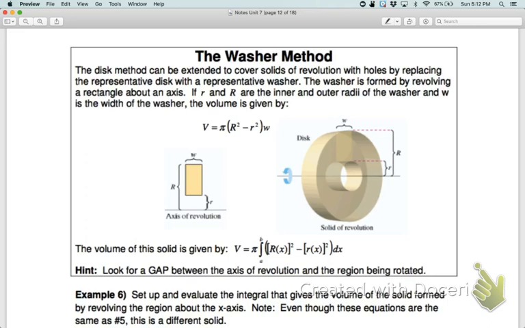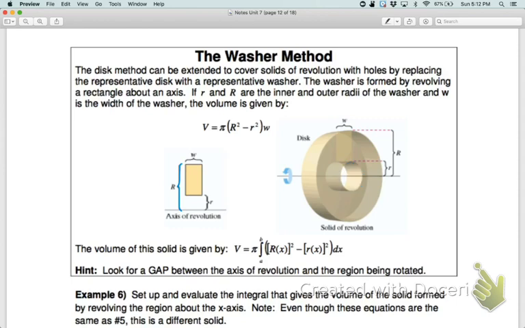So we have to take two different radii into account. If we have our region, which is this yellow rectangle here that would rotate to make that washer shape, the disc with the hole in the middle, we have the total distance between the top of the rectangle and the axis of revolution. That would be like finding the volume if this was a solid disc, if there was no hole in the middle.